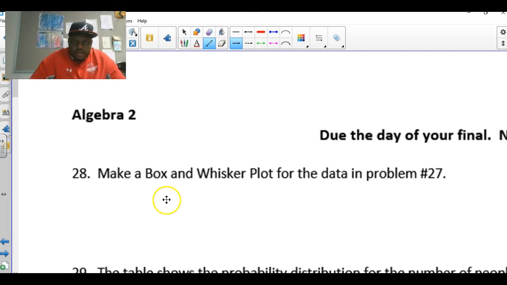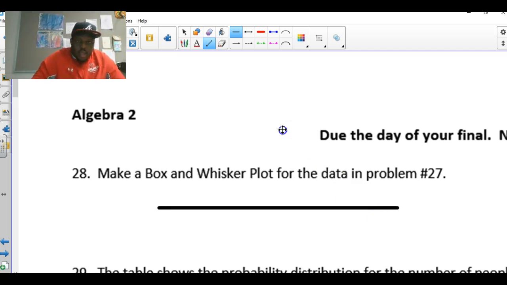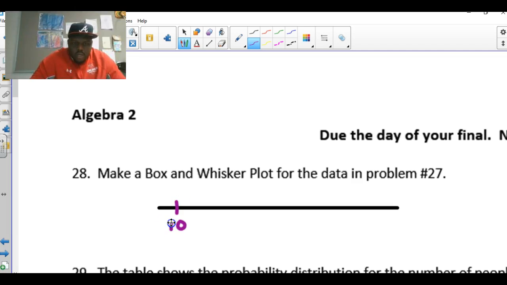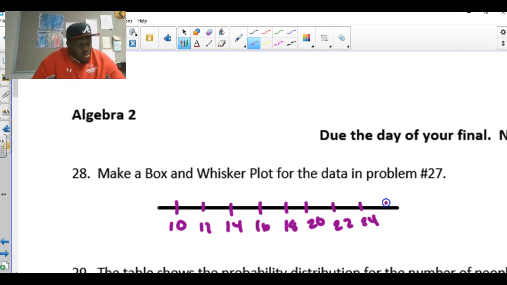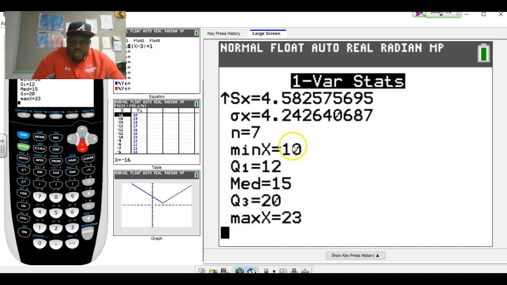If we make a number line like so, and we go 10, 12, 14, 16, 18, 20, 22, 24, 26.